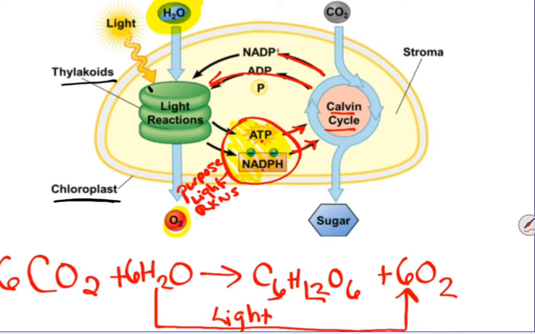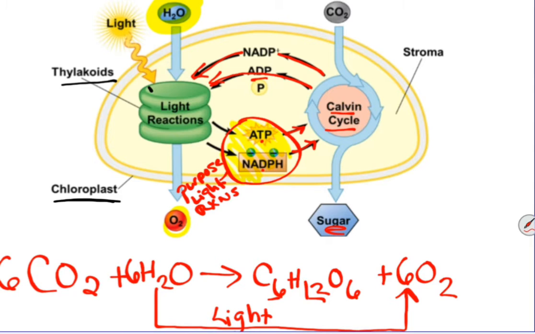It goes into the Calvin cycle where it's used to make sugars, and then it returns to the thylakoids as NADP+ and ADP. These are our electron carriers that are going to be charged again in the light reaction. So one of the tricky things that you have to remember is that the purpose of the light reactions is to make ATP and NADPH, and that's not actually in the overall equation because it never leaves the chloroplast.